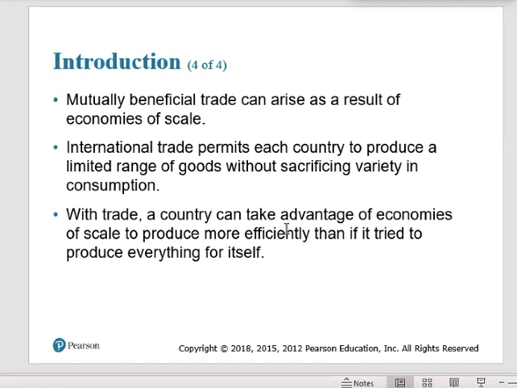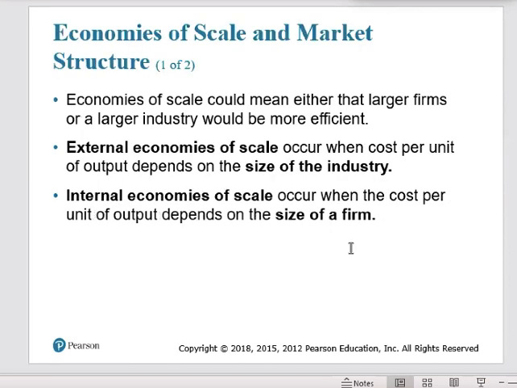So you will become more efficient than if you try to produce everything yourself. So basically, we are adding another dimension to the gains from trade. If you don't consider economies of scale, you may be underestimating the gain from trade, from specialization. Maybe there's more because there is economy of scale. All right.